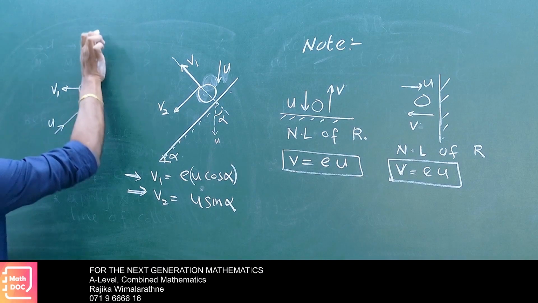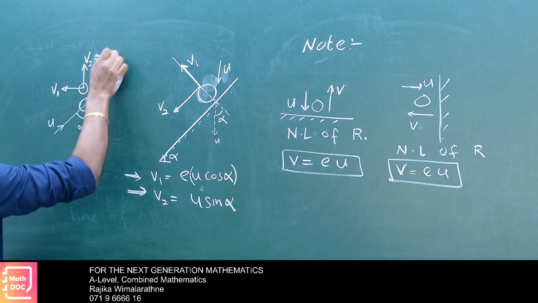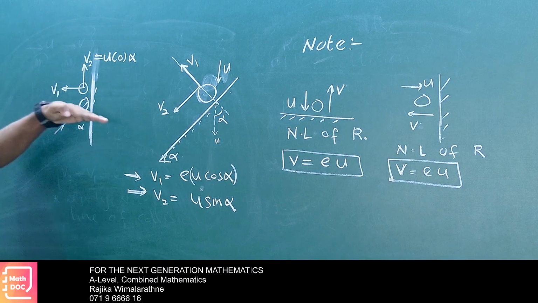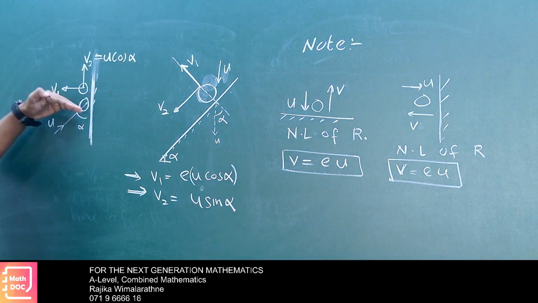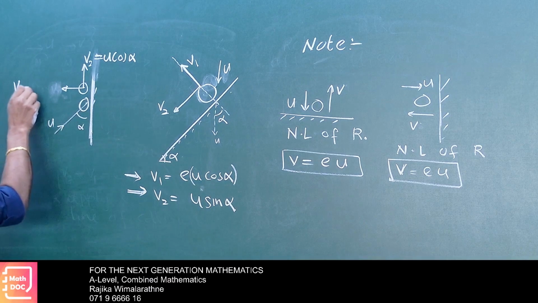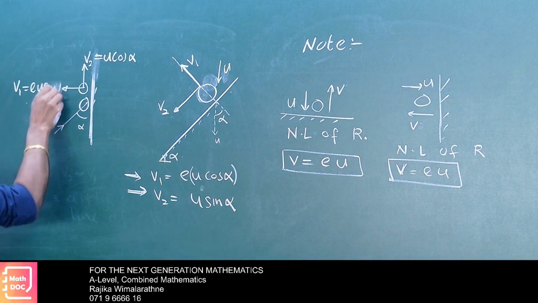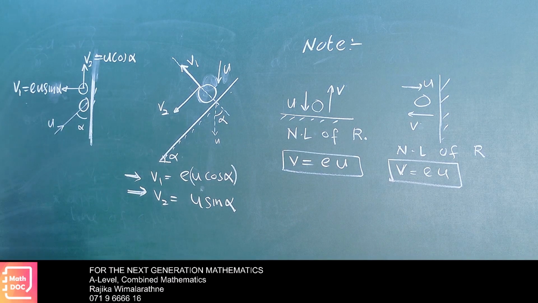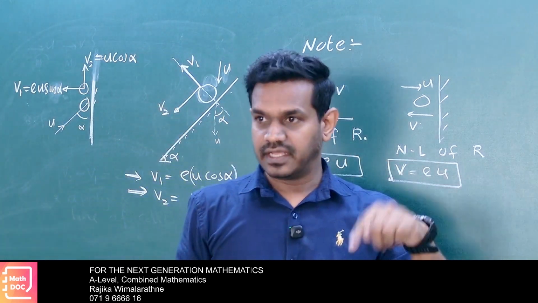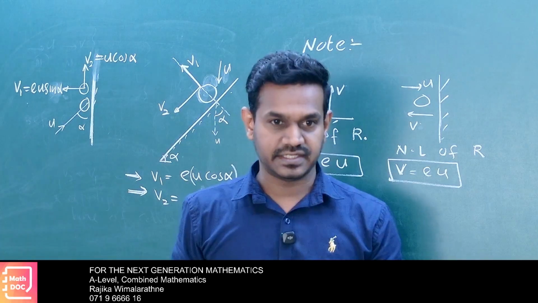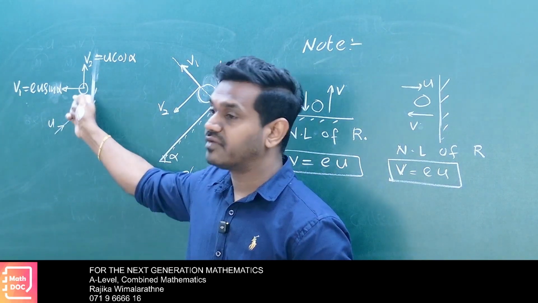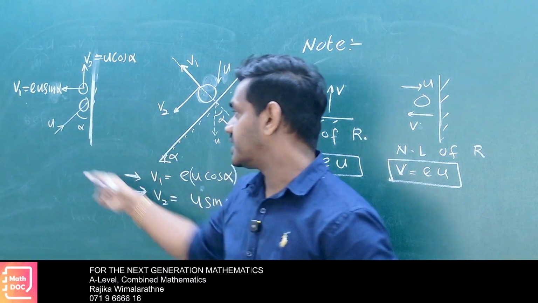The u sin alpha component collides with the wall, so u sin alpha times e gives v1, that is e u sin alpha. That's how the collision occurs. The velocity component perpendicular to the wall acts in the collision, therefore multiply that component by e. It is better to mark the after-collision velocities as well.